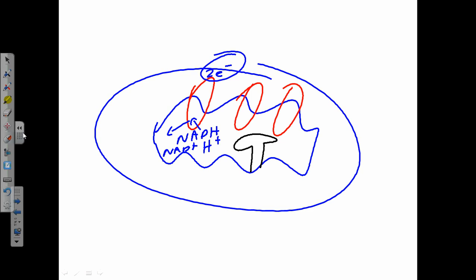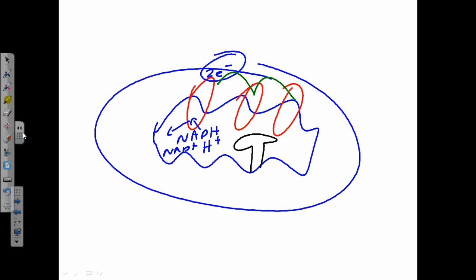The electrons that left, that got taken away from the NADH, move across the ETC. From less electronegative cytochrome all the way down to most electronegative one. And think of it almost like a waterfall. As they move down, what are they releasing?